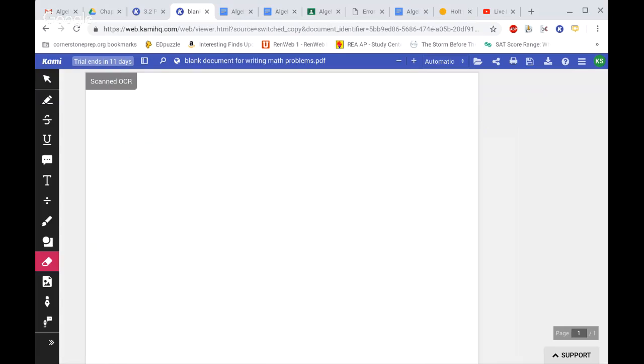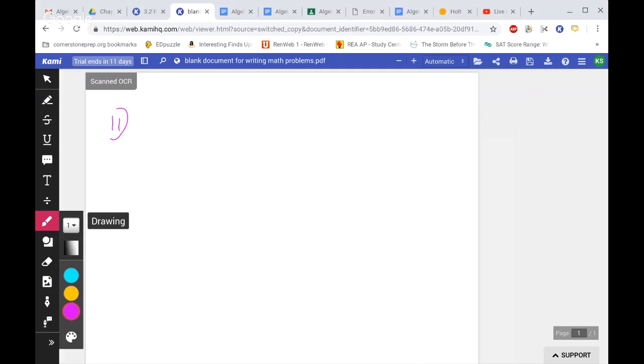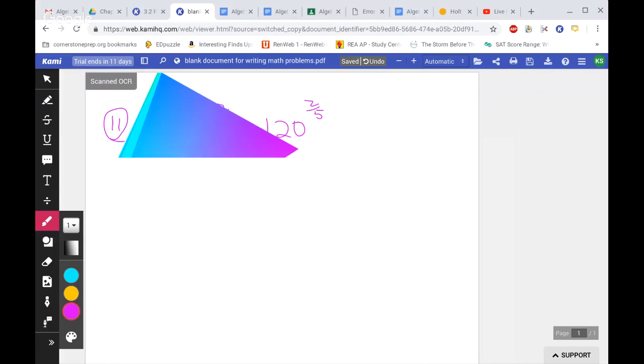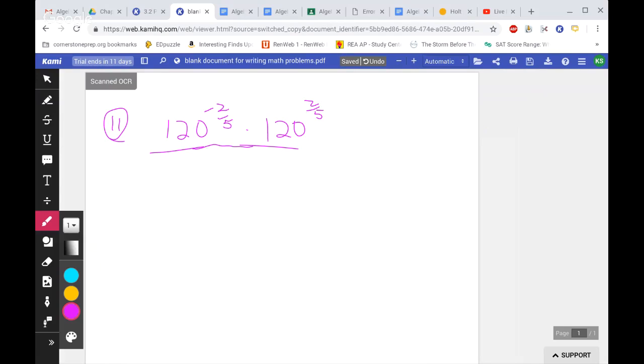Okay. Oh, number 11. That looks really good. That's pretty. I can see why. Okay, so in the numerator, we have 120. It's actually much prettier than what you think, though. Wait till you see it.